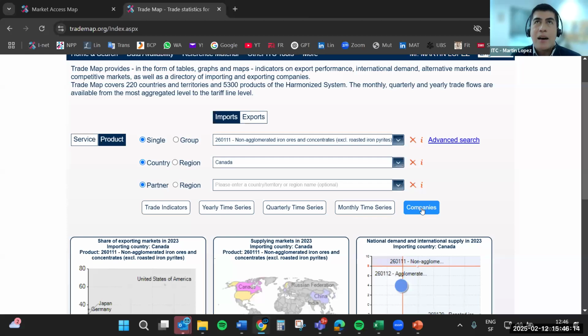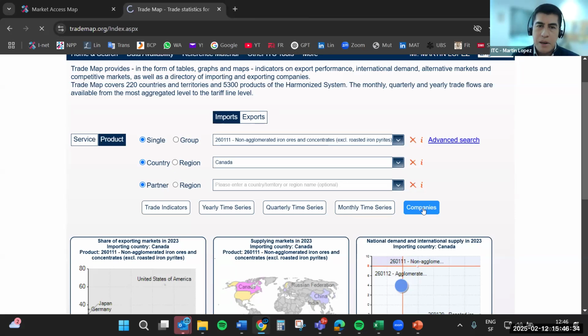This is not a comprehensive list of companies. It is not all the companies that trade. It's some companies that were detected or with company data collected from our data suppliers, Compass or Dun & Bradstreet. So let's see what we can get with that.